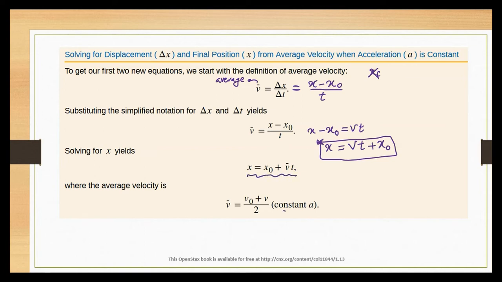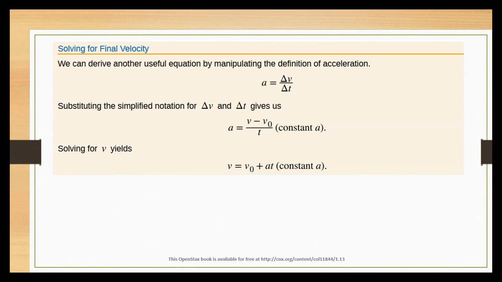When acceleration is constant, average velocity is equal to initial velocity plus final velocity divided by 2. And we know that acceleration is equal to delta v over delta t.